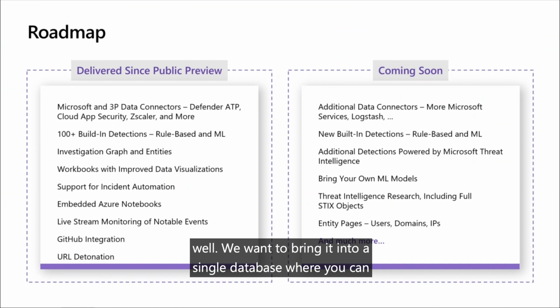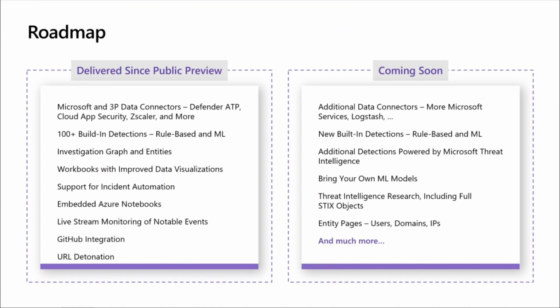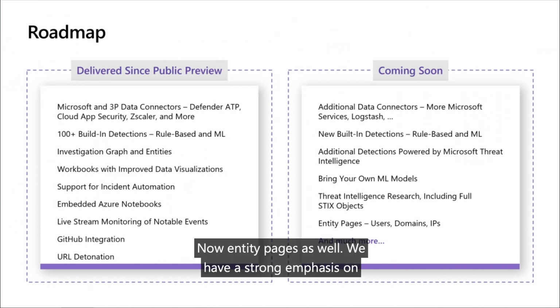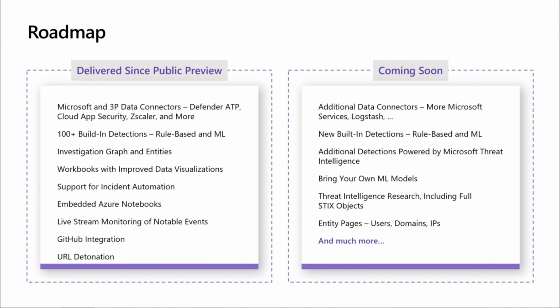We want to bring it into a single database where you can basically curate and manage all of these different indicators. Now, entity pages as well, we have a strong emphasis on identifying which fields are related to users and domains and your IPs. So this is going to help you basically structure the way in which you are interacting with your data, and it'll help with the overall investigation process.